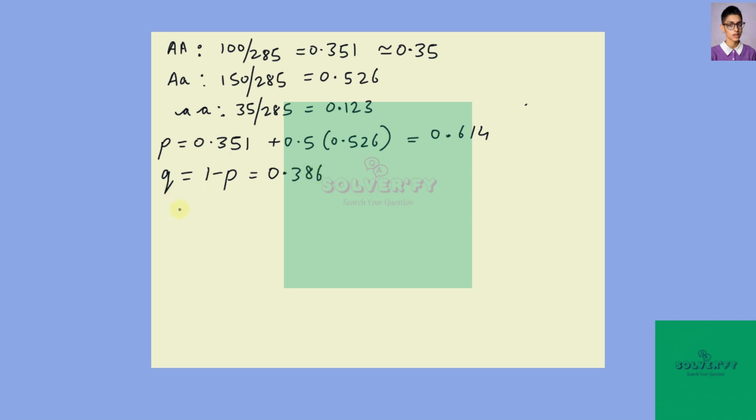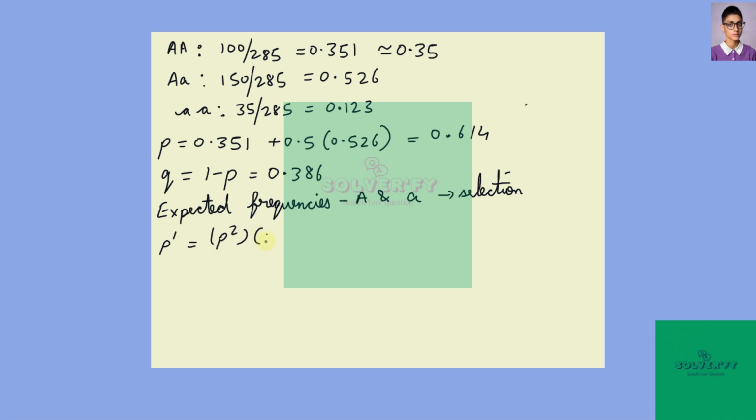Next, we need to calculate the expected frequencies of the A and a alleles after selection. P dash equals p square plus 2pq plus pq into 1 minus S1.